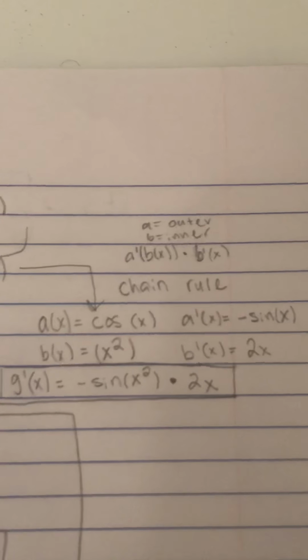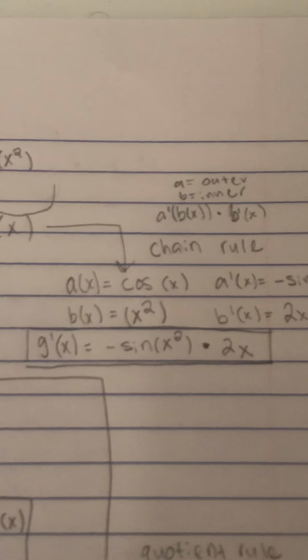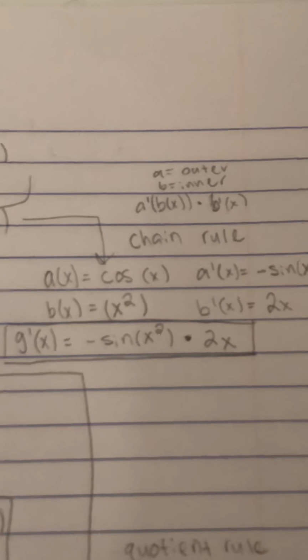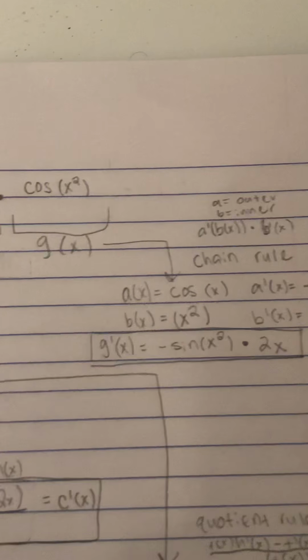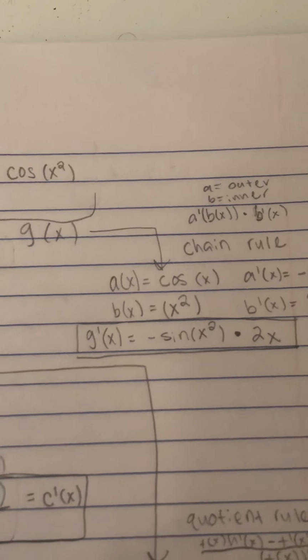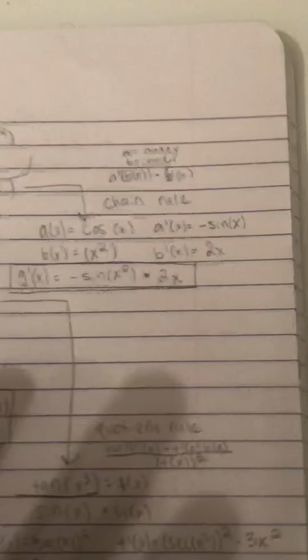The chain rule would be the derivative of a with b of x inside times the derivative of b of x. So the derivative of g of x would be negative sine x squared times 2x. We'll keep that for later because that will be used in the end.